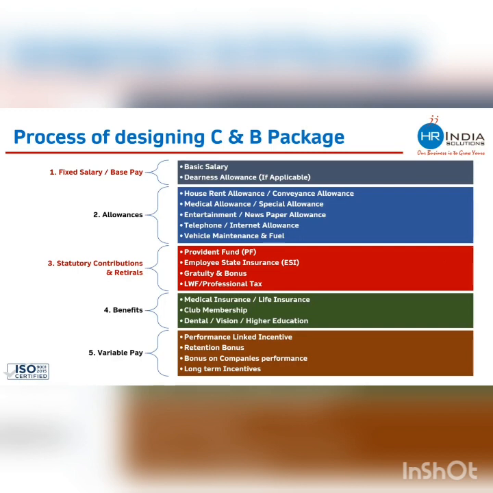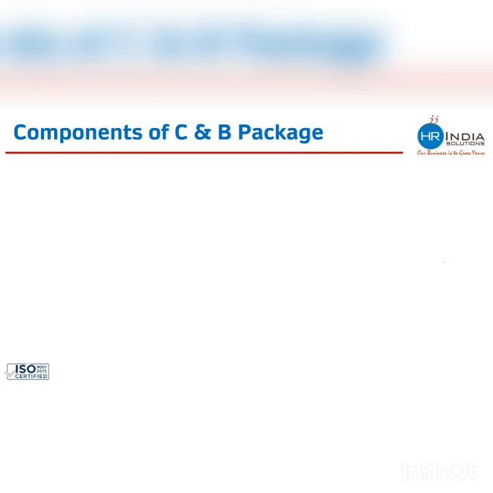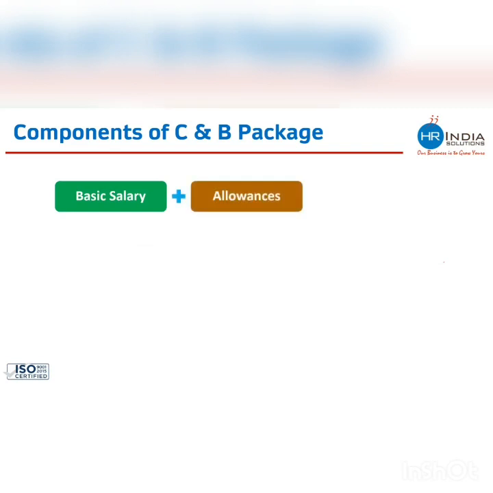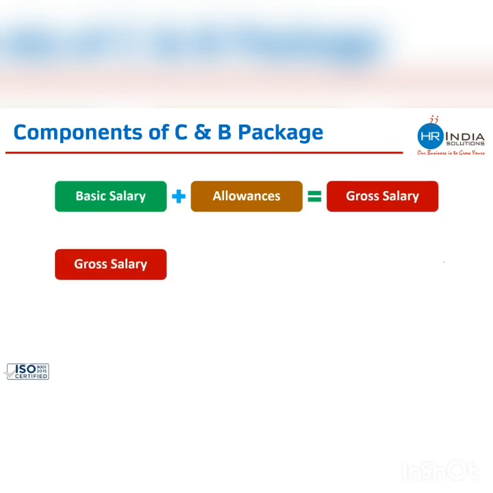So when we are designing the CTC breakup, considering all those five steps, we need to refer to some formulas also, right? If you have to calculate the gross salary of the employee, what is the formula? Basic salary plus allowances, you will get the gross salary for that employee. Then gross salary minus employee deductions, what we will get? The net pay, in-hand salary of the employee.